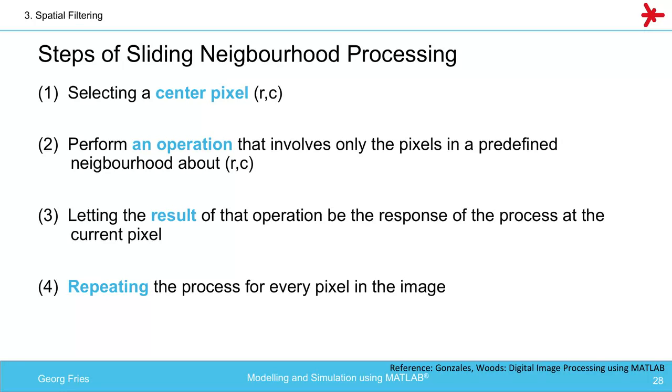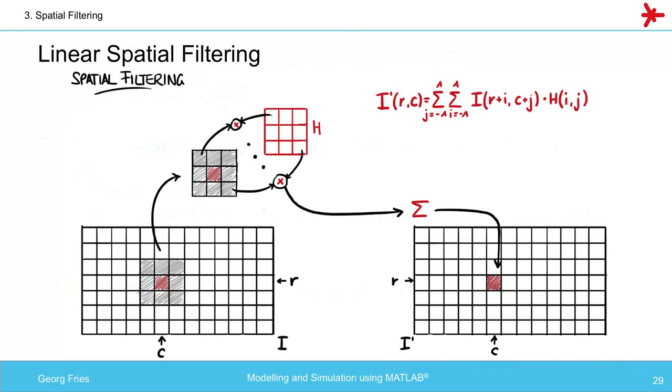We talked about performing an operation that involves the pixels in a neighborhood. This operation might be linear or non-linear. Linear filtering is filtering in which the value of an output pixel is a linear combination of the values of the pixels in the input pixel's neighborhood.